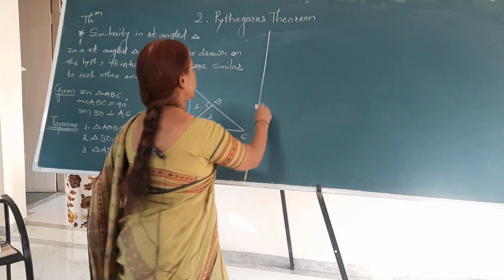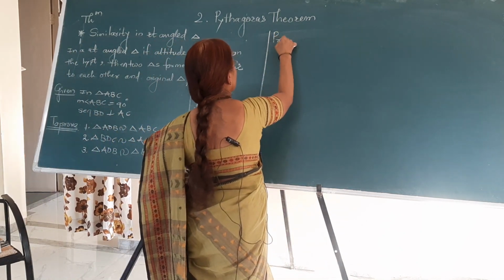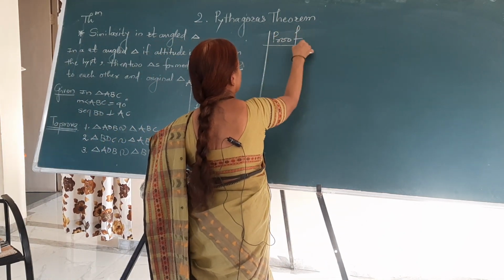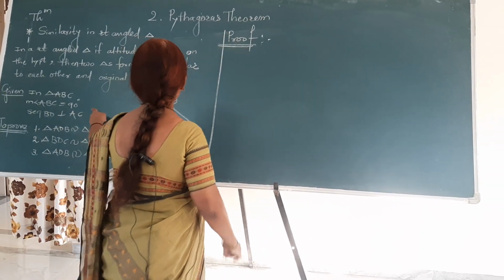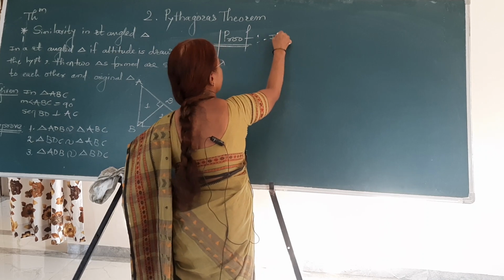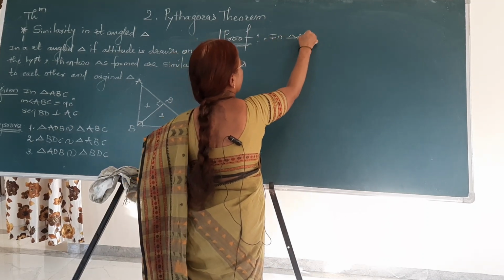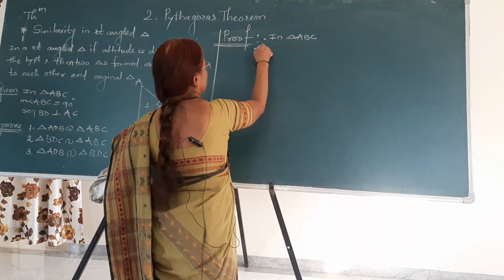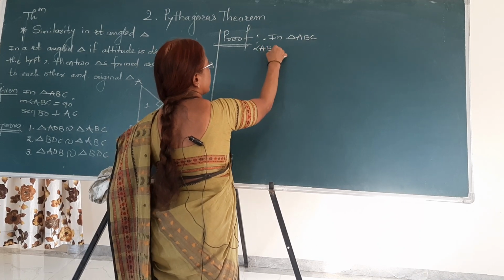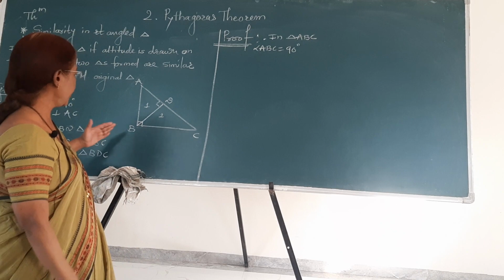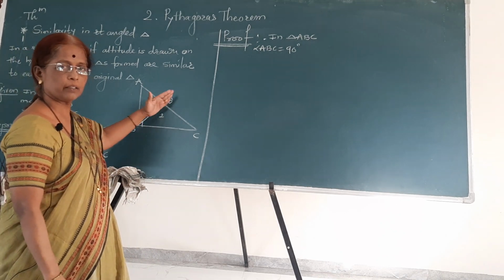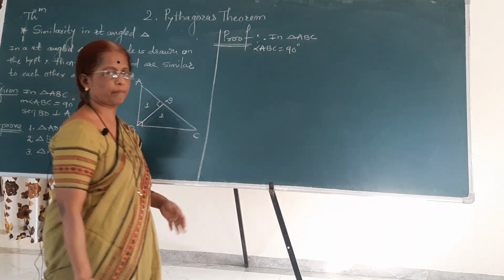Now we'll begin with the proof. See our proof. We have to start from the given. In triangle ABC, what is given? Angle ABC is 90 degrees and BD is perpendicular on AC.